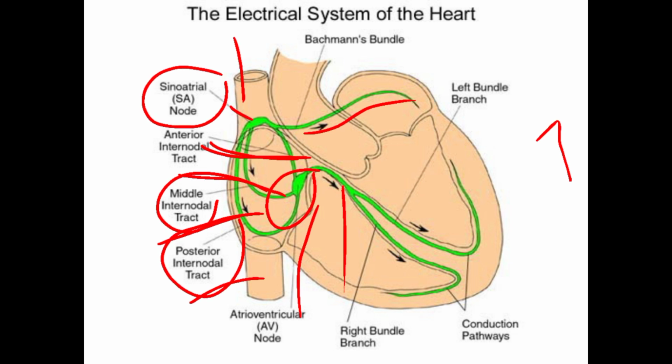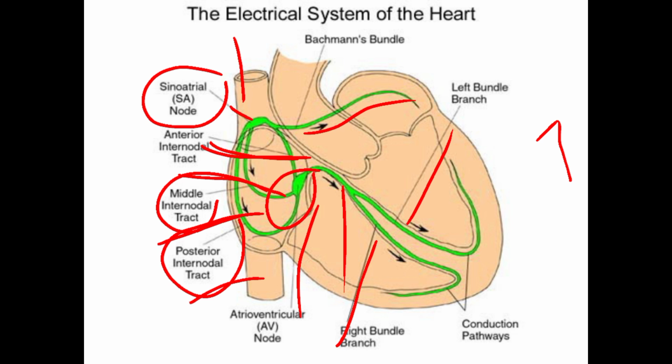From the bundle of His, the bundle branches take origin. From the bundle of His, 2 branches arise: one is the right bundle branch and the other is the left bundle branch.